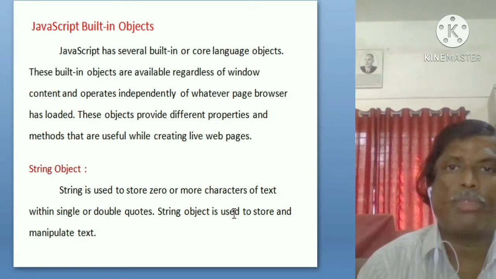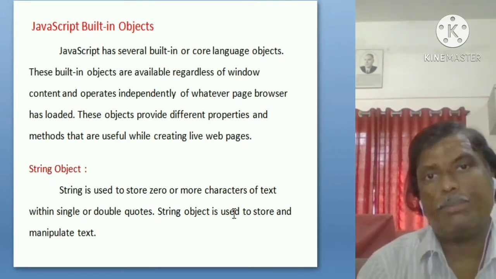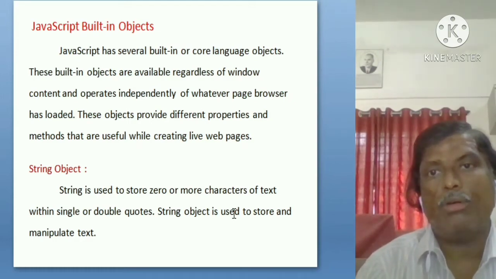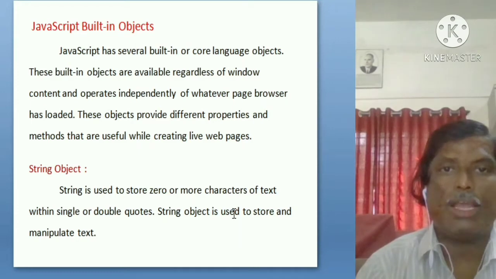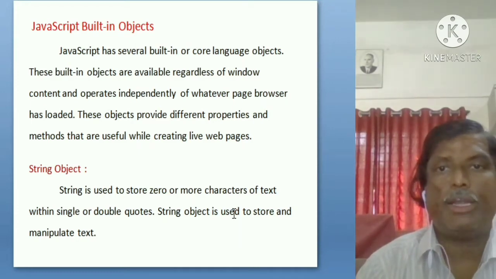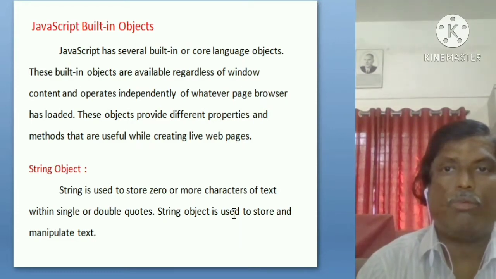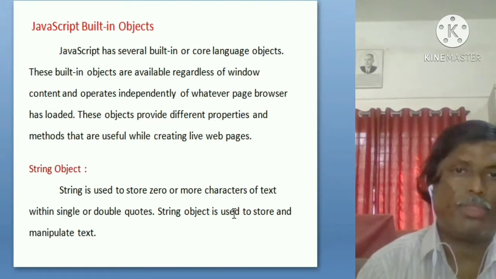JavaScript has several built-in or core language objects. These built-in objects are available regardless of window content and operate independently of whatever page the browser has loaded.